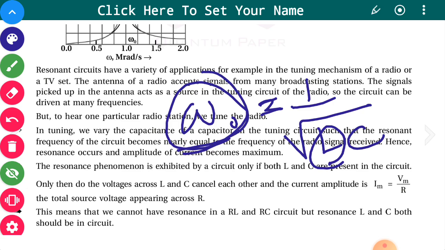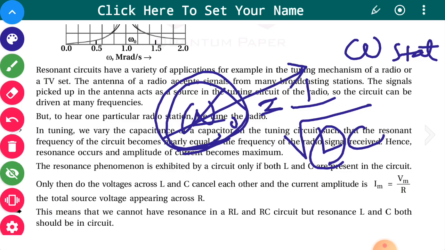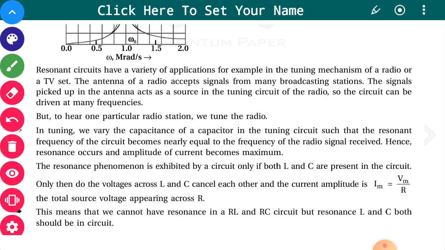Whenever this omega 0 of your radio set is equal to the omega of the station, you will have resonance and you will be able to listen to the sound of a particular station. At that time the current becomes maximum and the sound also becomes maximum in the circuit.